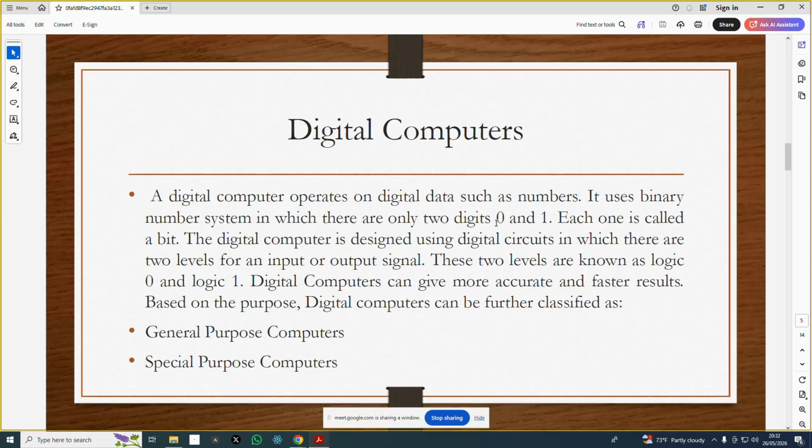As I told you, if they ask you for the classifications of computers, the question can come and they tell you, give three classifications of computers. Then you give classification by size, classification by purpose, and classification by processing power or functionality.